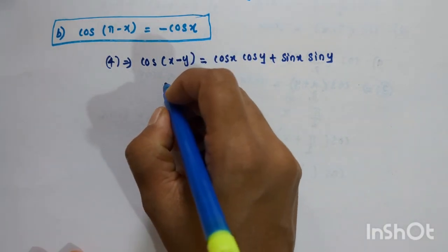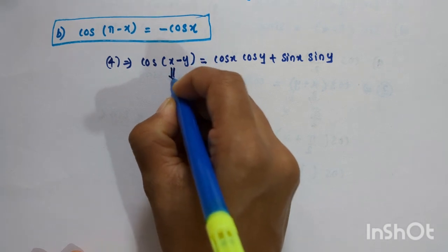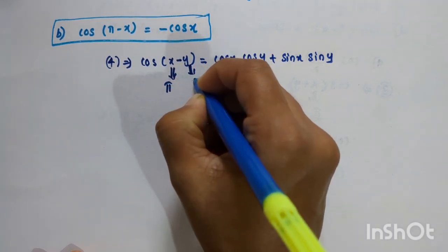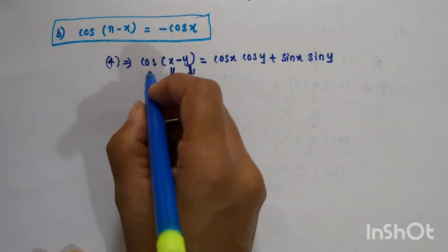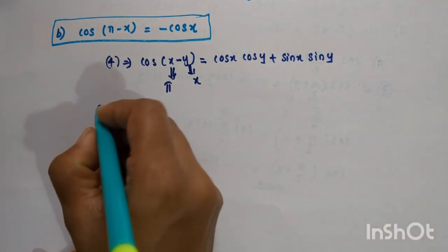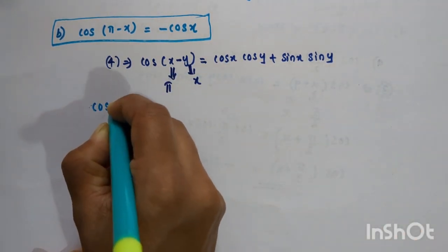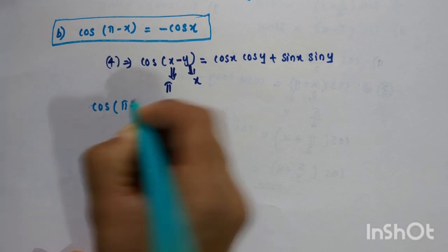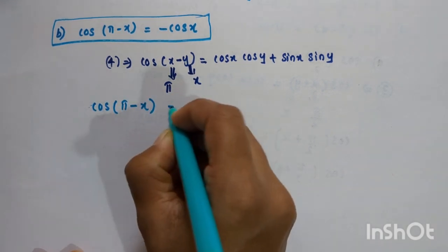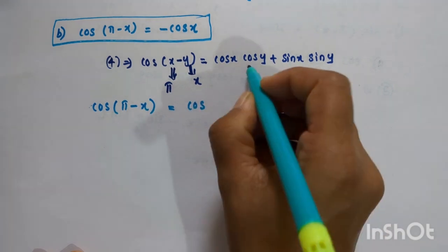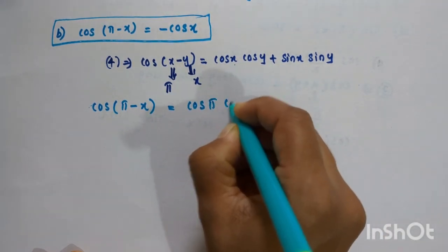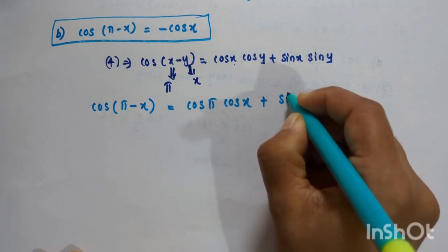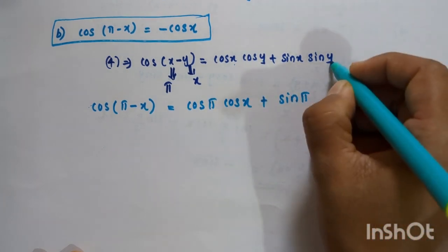So you see, what I am doing is, I am going to replace this x by pi and this y by x. So this becomes cos of x minus y. X is pi, y is x, equals cos x, x is pi, cos y, y is x, plus sin x, x is pi, sin y, y is x.